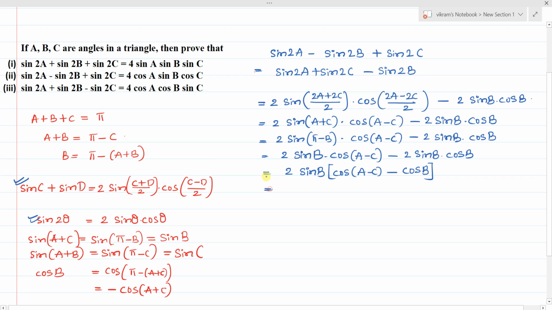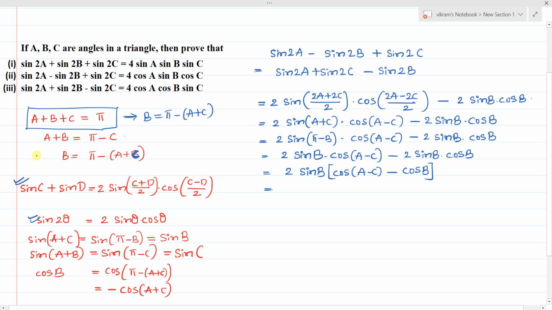Okay, from the given information A plus B plus C equals pi, and we can write angle B is equal to pi minus of (A plus C).